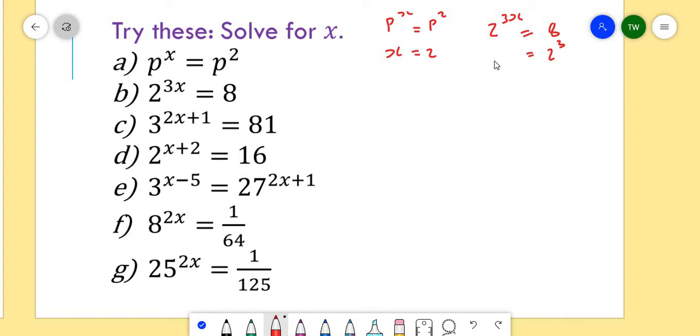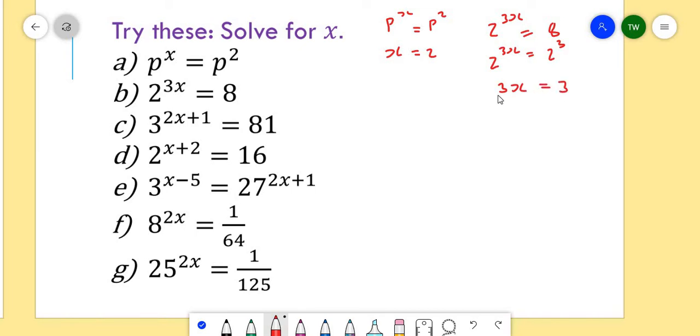So therefore, on the left hand side, we still will have our 2 raised to the 3x power. Note here that the bases are 2. So the base on the left hand side is equal to the base on the right hand side. They are the same. So when we have this situation, we simply equate the powers and solve for the unknown. So it's going to be 3x is equal to 3.